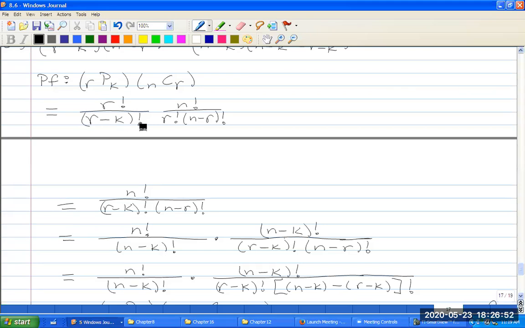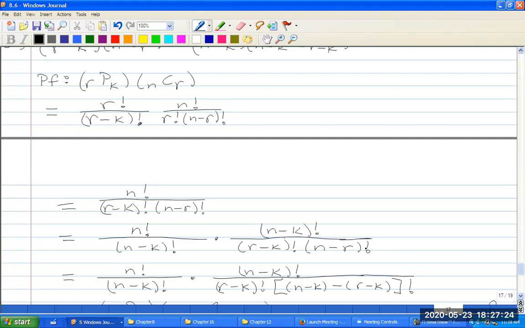I have an r minus k factorial and an n minus r factorial in the denominator. And so let me rewrite this as follows. Let's just multiply and divide by n minus k factorial. So this is n factorial over n minus k factorial, n minus k factorial, which cancel, over n minus k factorial times n minus r factorial.